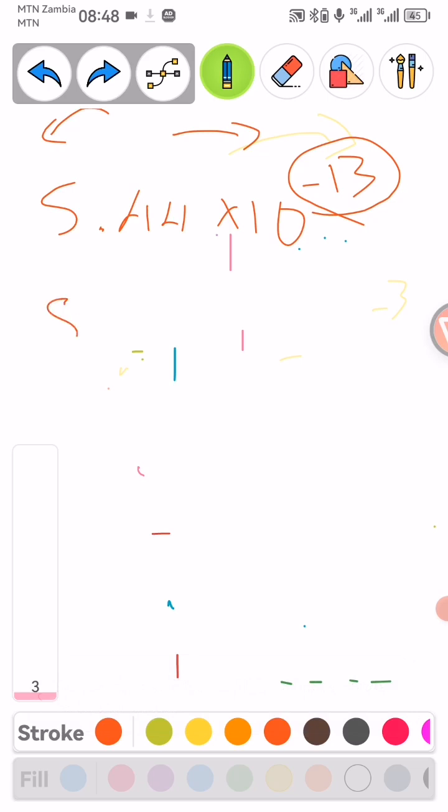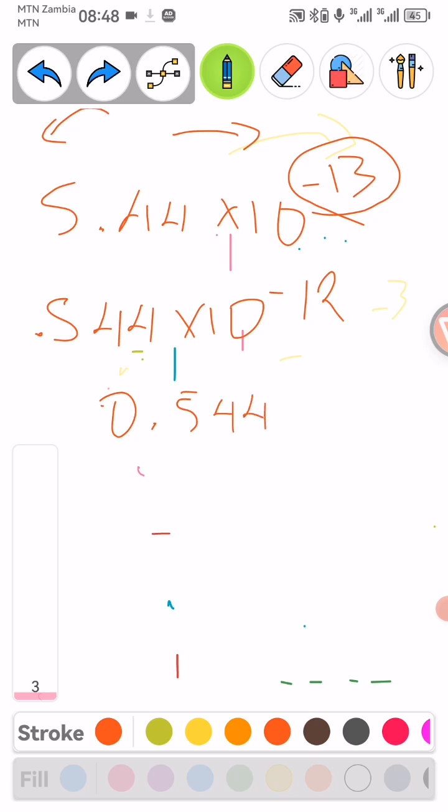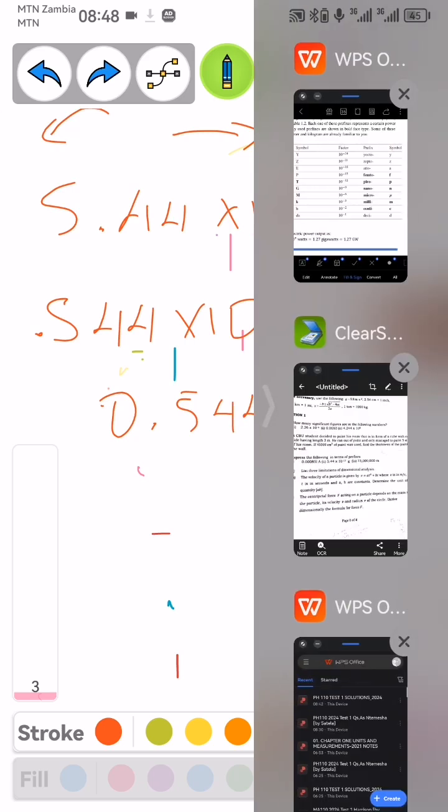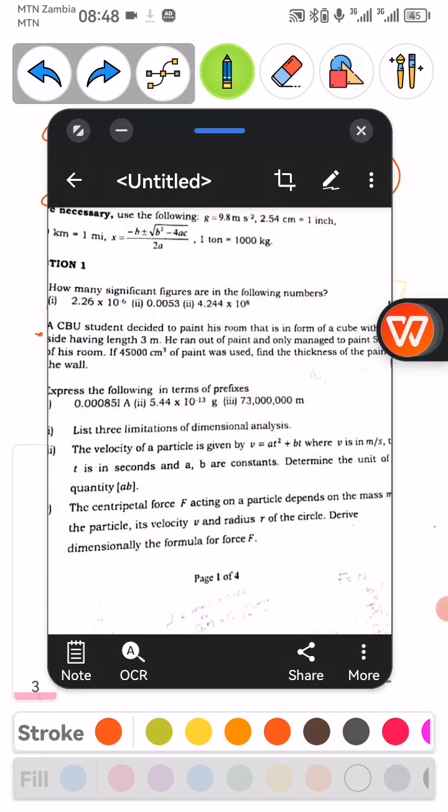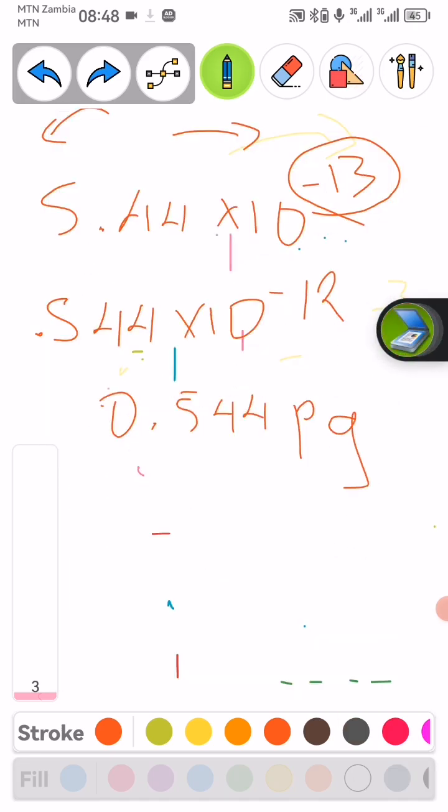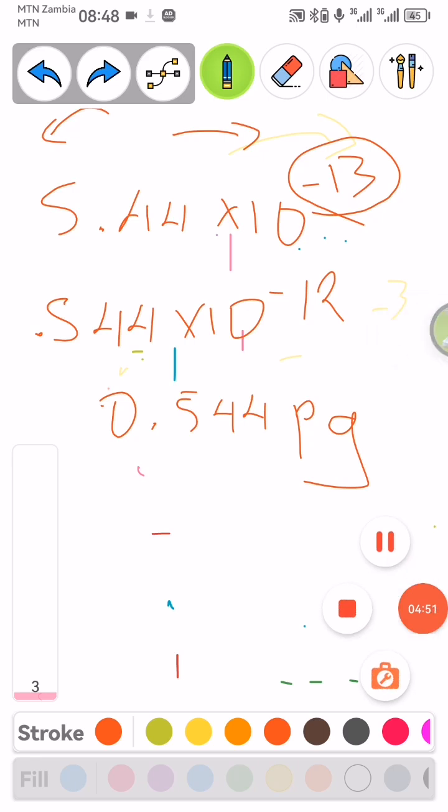So this is going to be 0.544 times 10 to the power -12. This 10 to the power -12 is pico, so I can just put the p there. Did we have any special picogram? Picogram. Yeah, so that is that.